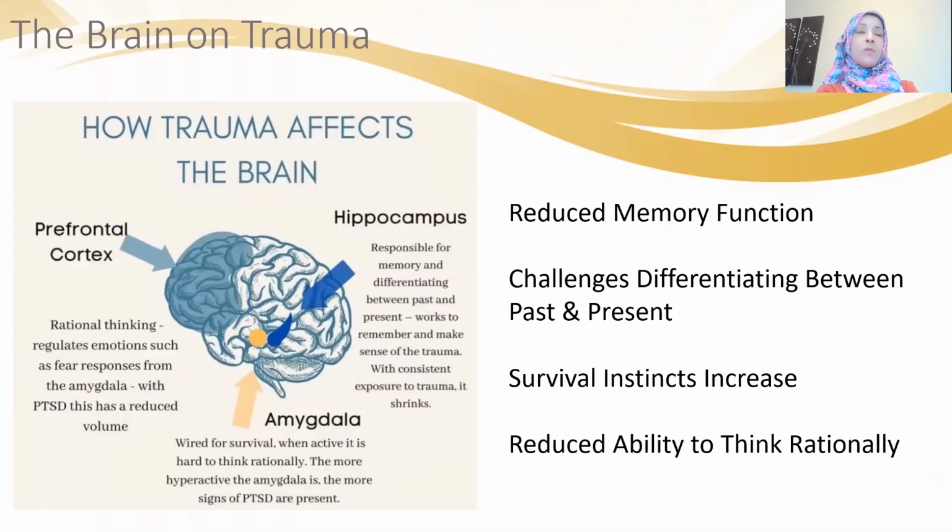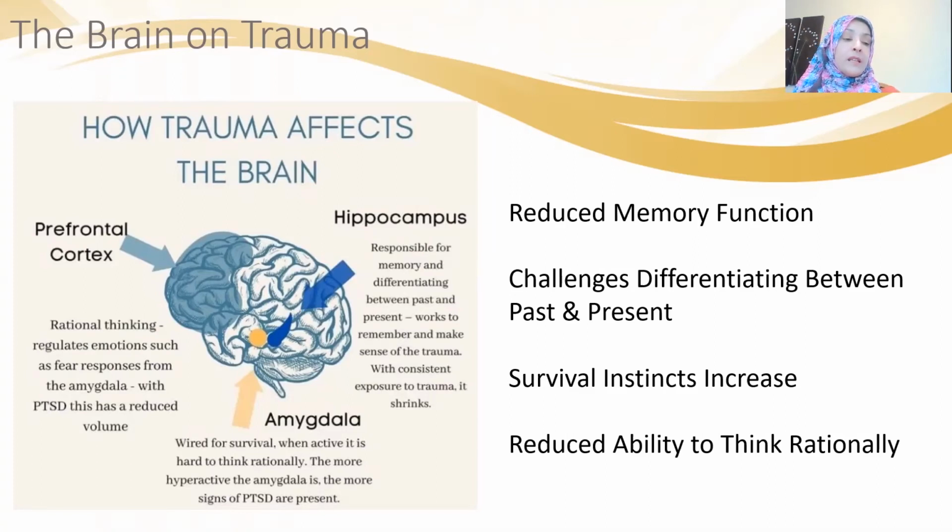So that's the place where our brain determines our emotional component. And so when somebody has experienced trauma, particularly chronic trauma, the amygdala becomes much more active. And so the impact of that on an individual is that they're more likely to react in an emotional manner rather than in a rational way.